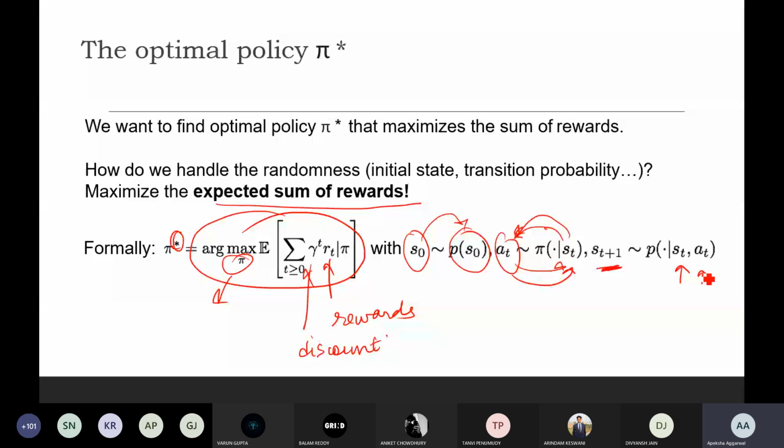I had state st and I choose action at and I move to a new state, st plus 1. Out of all these possible STs and ATs, there are many states and actions. Which one will lead to the best optimal st plus 1? So these three are given to me, and my goal is to optimize this final policy, pi star.